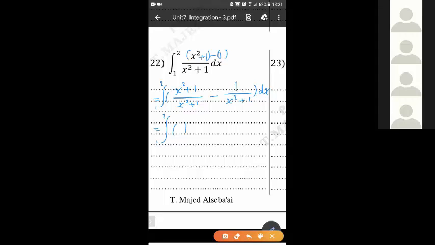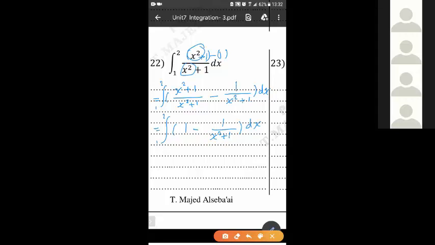When I divide by the same thing, I will get 1 minus 1 over x squared plus 1. Now, instead of having 2 x's, in my original question, I have only 1 x, which I can start from.